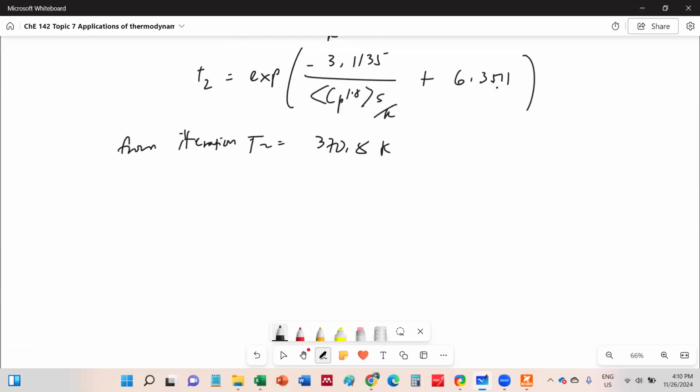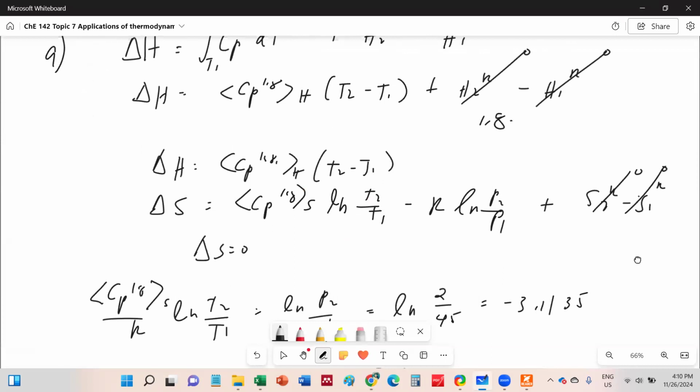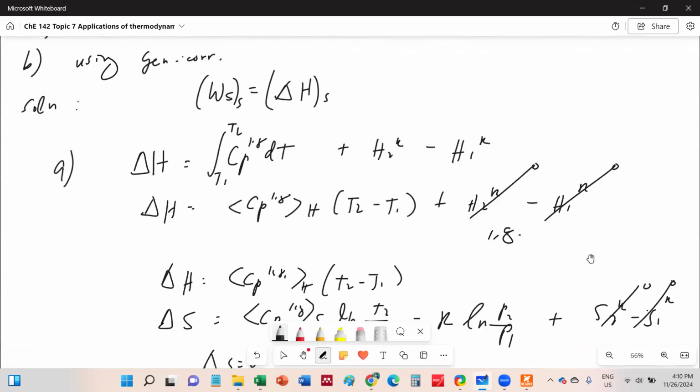Okay, so here, this is the equation. This one. And now that we have T2, it will not be a problem. However, we don't know CPH, the mean heat capacity for H calculations. So it's different, but you will see later that the difference is insignificant.